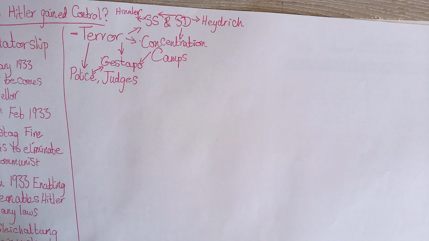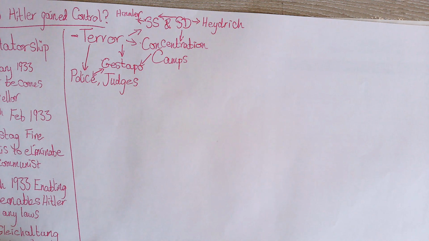And then also the Nazis take over the control of the judges and the court system, the trial system. So the judges have to swear an oath to Hitler. The sentences they're giving out after the Nazis come into control are much more severe.